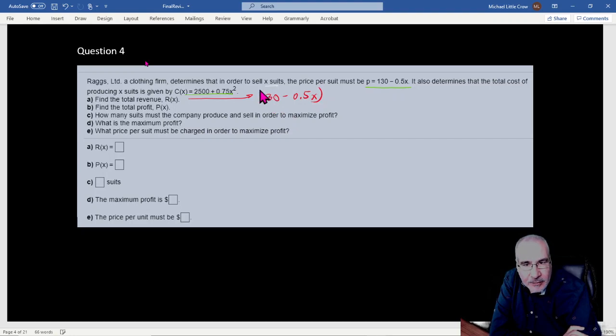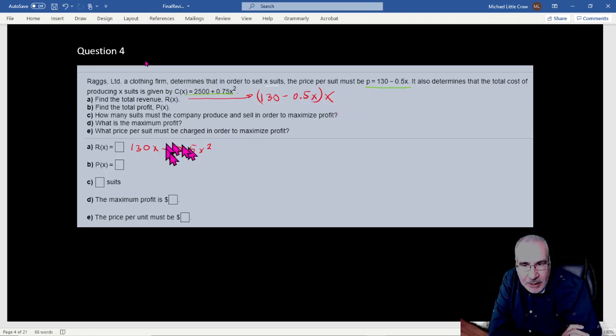That's the price of our suit, and then we sell X of them. So price times the number we sell is revenue. That's the money that comes directly to us. That's what the people have to pay us. So then we distribute this, and our revenue function is going to be 130x minus 0.5x squared.